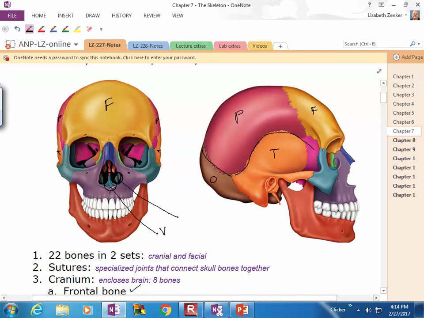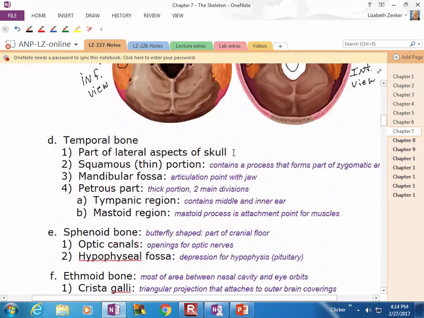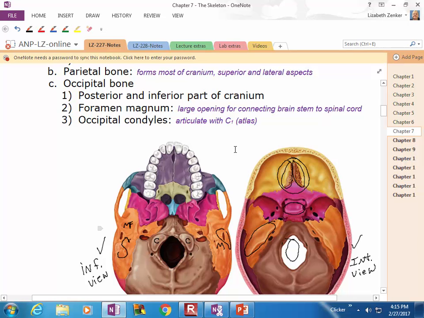That'd be the vomer bone. I'm just writing the other one there. So vomer bone is the inferior part of the nasal septum. Okay, so if we go back, you can also see the vomer bone from the inferior view also. Okay.